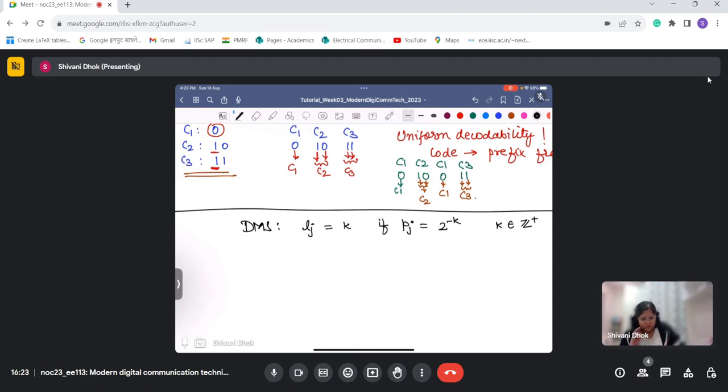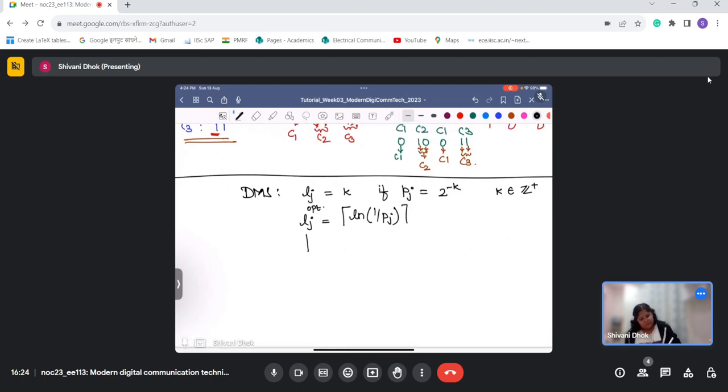Have you understood this derivation? So basically, we wanted to look at the minimum average length.